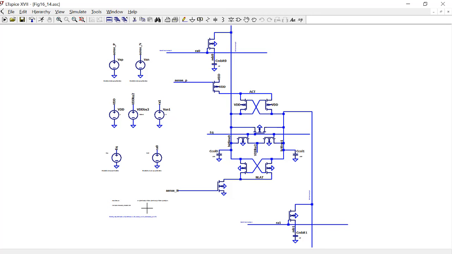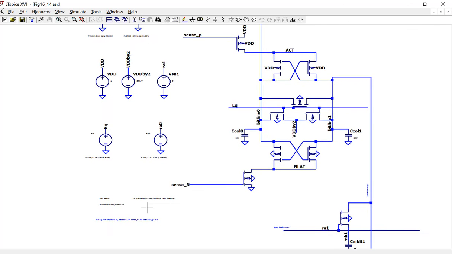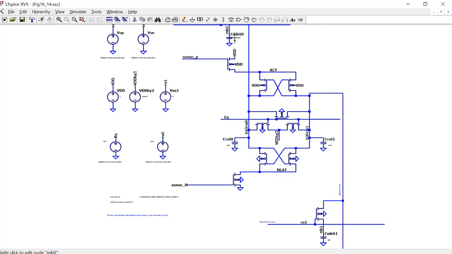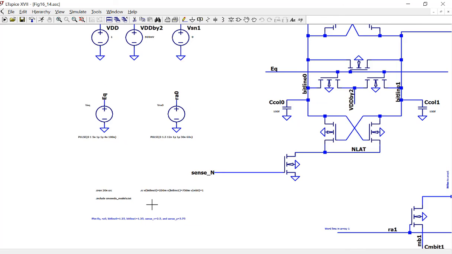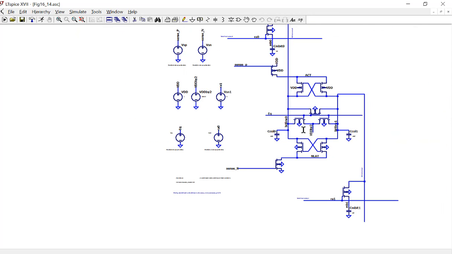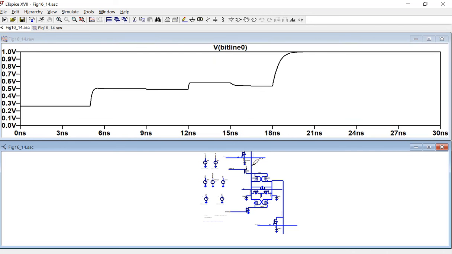I can assign an initial voltage for the memory cell, which is here. That's a memory cell, right? So look at the initial value for the memory cell: 1. So I have a 1 stored in the memory cell. Then let's see if I can read a 1 from the bit line here. I'm going to run. So eventually it's being pulled up to 1.